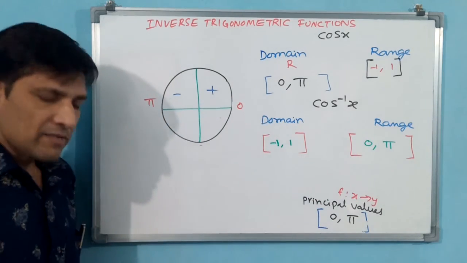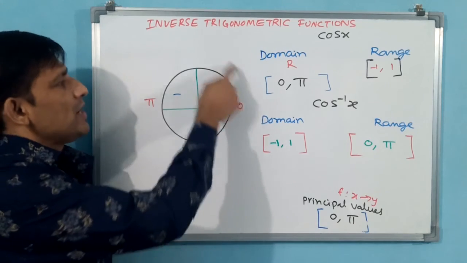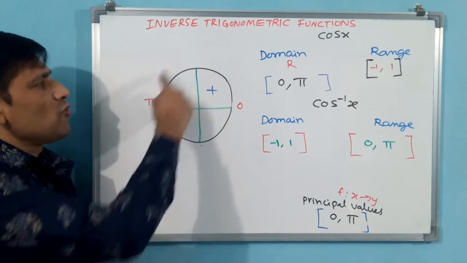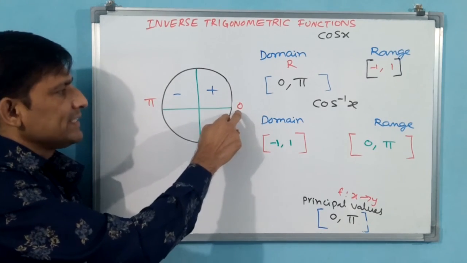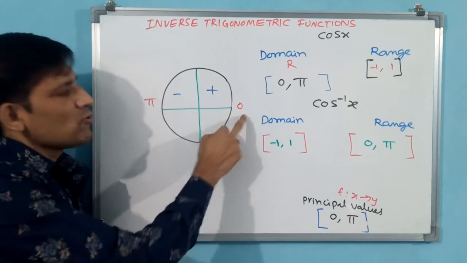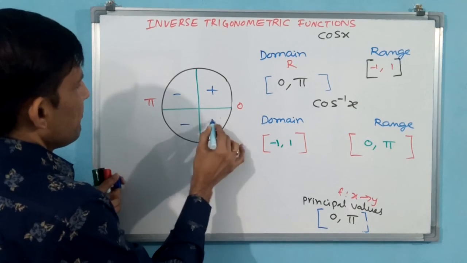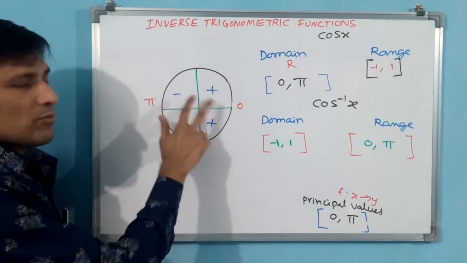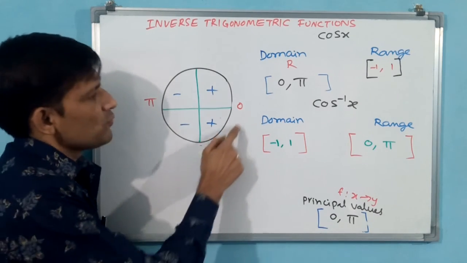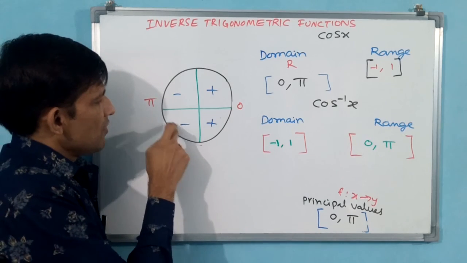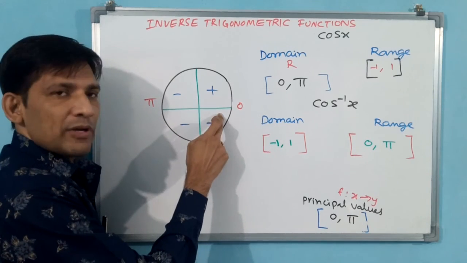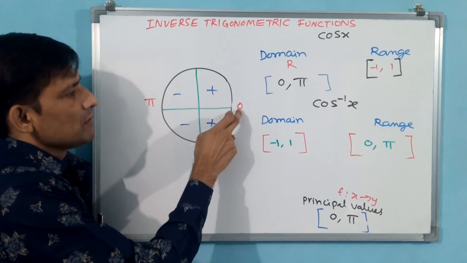Now you may have one doubt. Why should we take 0 to pi only? Why can't we take pi to 2 pi? Yes, that also you can take. Even if you take pi to 2 pi, one time a negative value, one time a positive value is going to come.